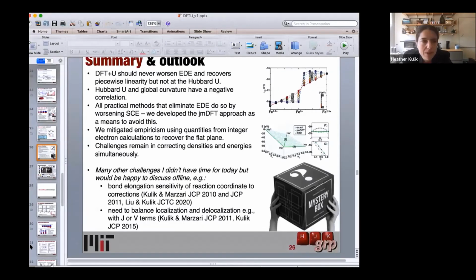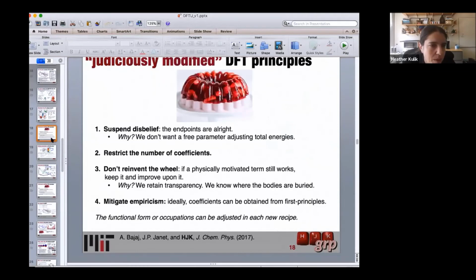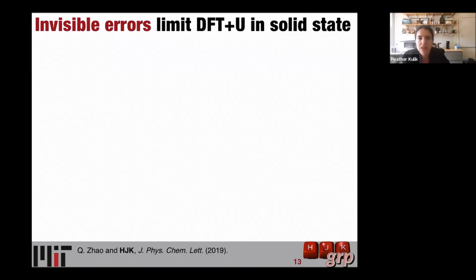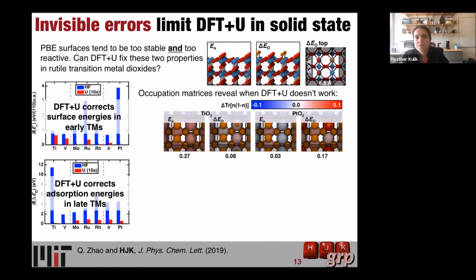Maybe since I don't have slides on this handy, even in my backup, I will bring up the thing I went through kind of awkwardly, which is that in many cases the U can only see so much because it can only see what's going on in the D states, and for sure it will over penalize the localization, and so that's where you end up with these overly long bonds, and once the bonds end up too long, then the properties end up wrong.